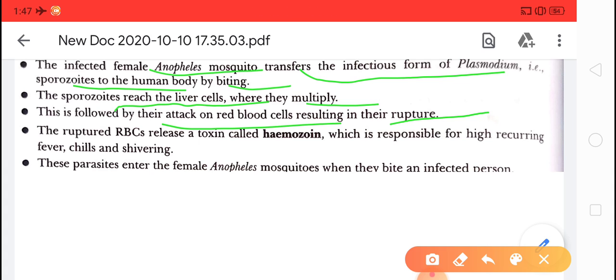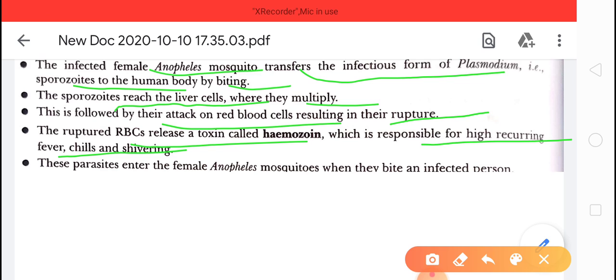While rupturing the RBC, they release a toxic substance, that is hemozoin. This hemozoin is responsible for high fever, chills and shivering. So here the symptoms of malaria appear.